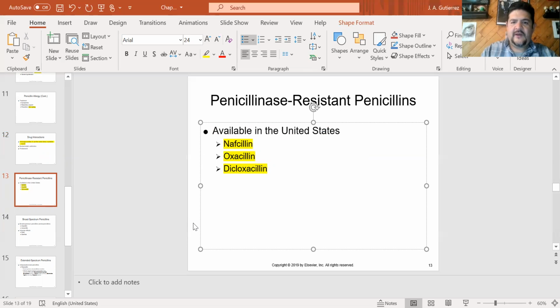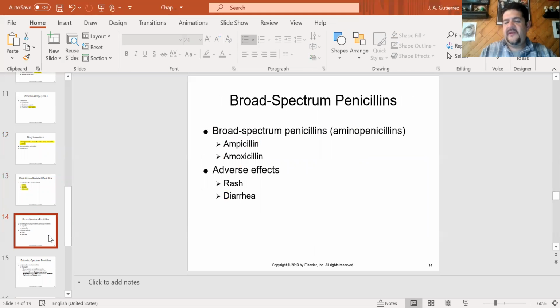From these three, the one that I have seen the most in questions is dicloxacillin. That's the one that I've seen more often. Those are the three penicillins that can be used for MRSA. MRSA would be the best example. Regarding broad spectrum penicillins, we have ampicillin and amoxicillin.